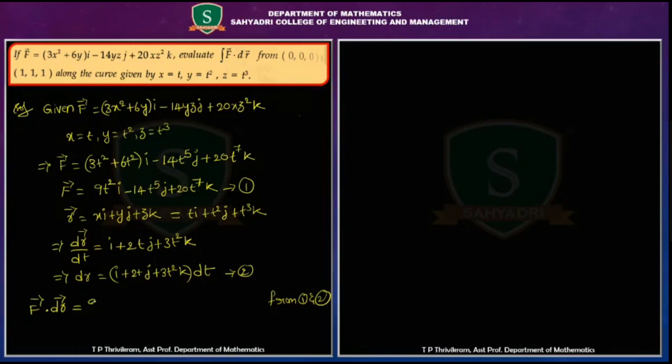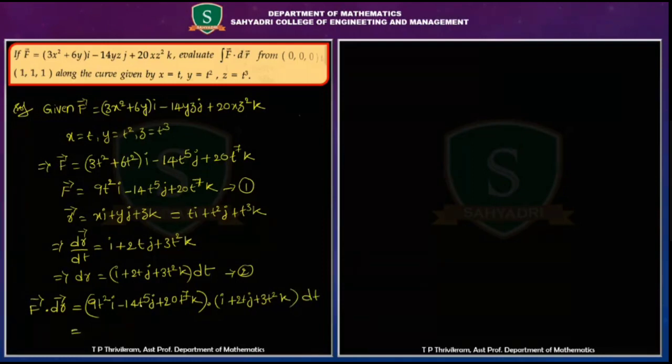So 9t square i minus 14t power 5 j plus 20t power 7 k, dot product of i plus 2tj plus 3t square k, dt.